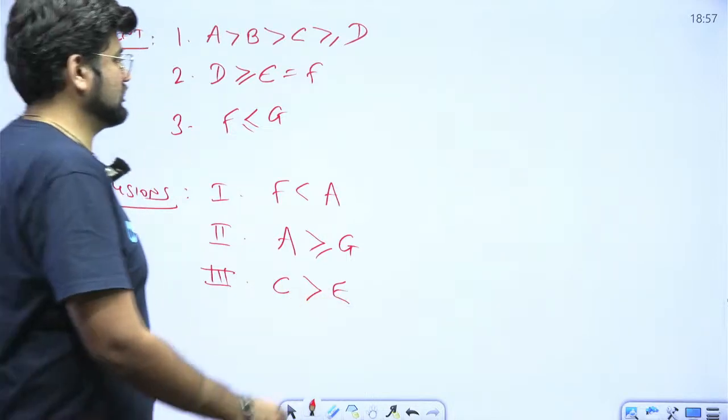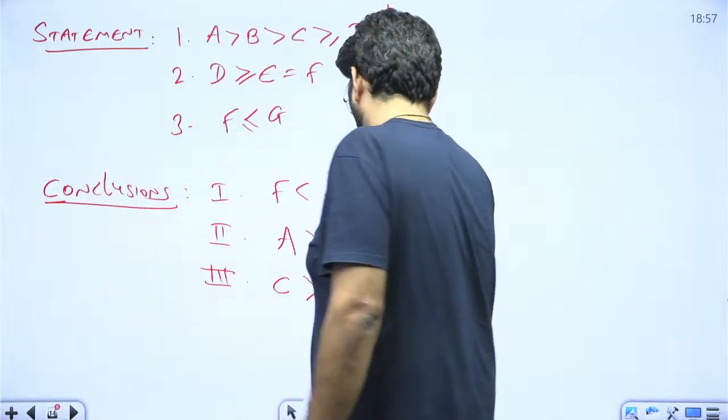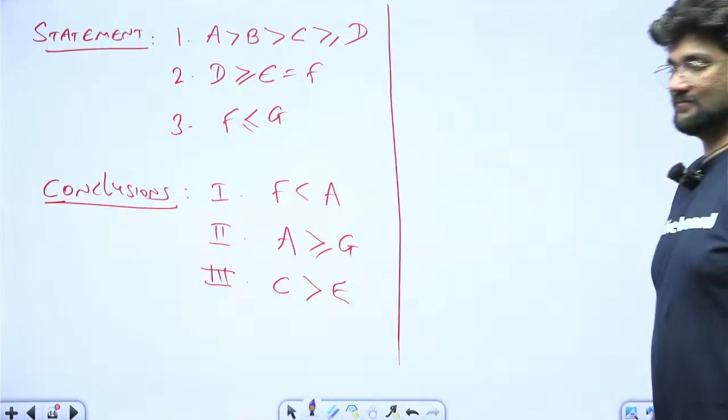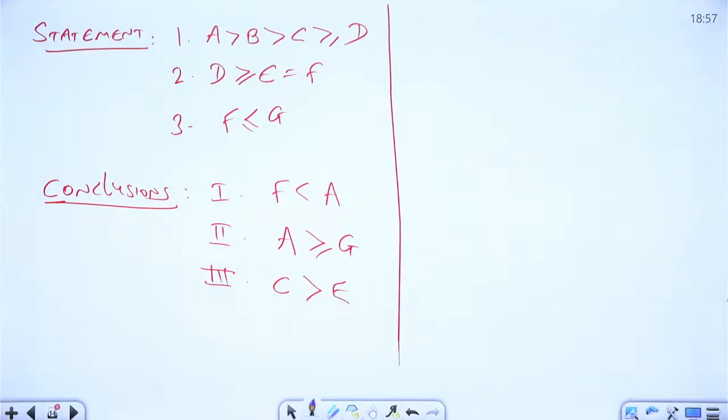We have to check for these three. So how will we proceed here? How will we proceed here? Any doubts you guys have?